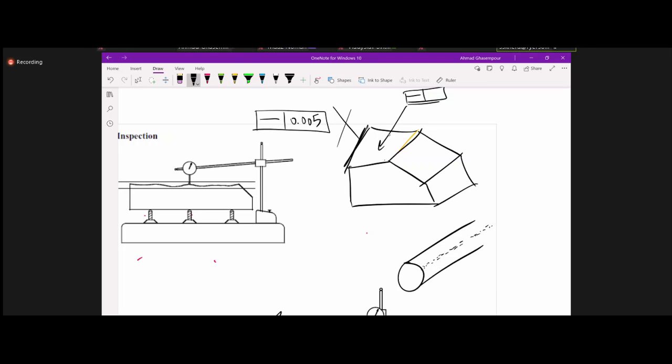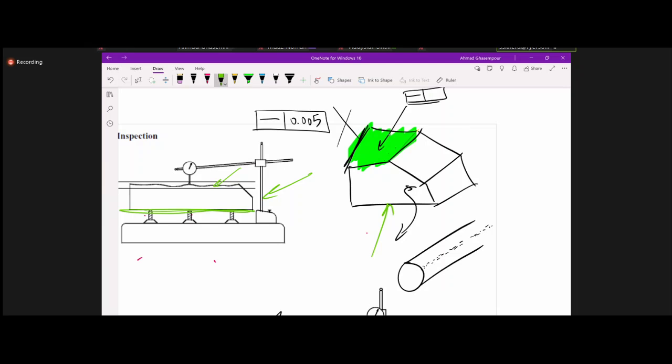So now I have to set this part such that this surface which I'm inspecting is level, independent of the bottom surface, because it's not referenced to that. You know what I mean? The way it's right now, it might be level on the bottom surface, but not level here. Make sense?